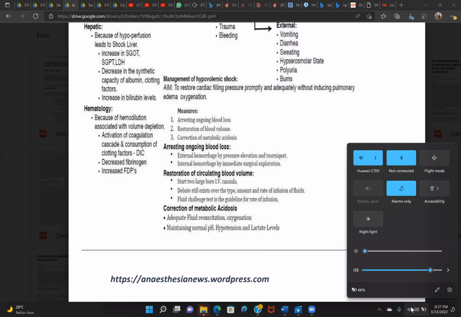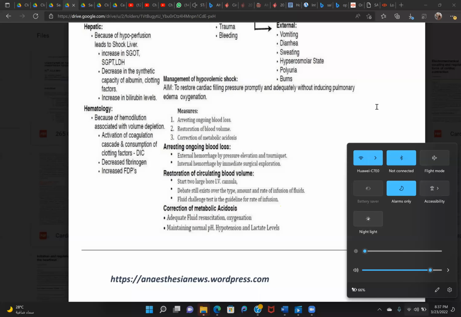Yes. The approach is ATLS, not ACLS: primary survey, secondary survey, resuscitation, management, evaluation. So you can have a look here at some of the things we have already discussed.